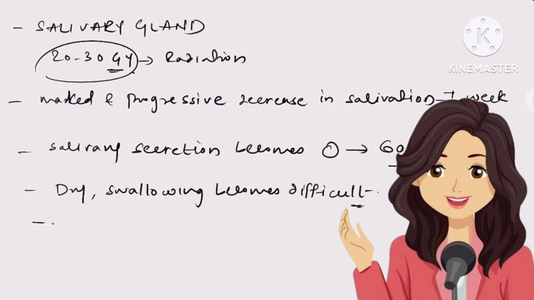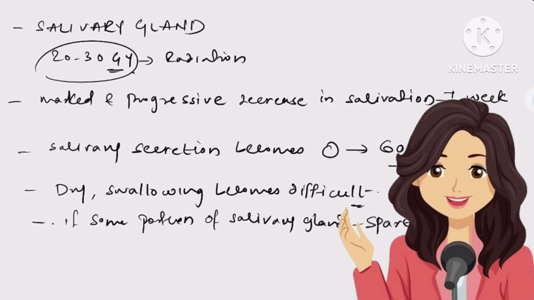If some portions of the major salivary gland are spared, or some cells of the salivary glands are spared, then the dryness subsides. The dryness subsides in 6 to 12 months due to hypertrophy of these remaining salivary cells.